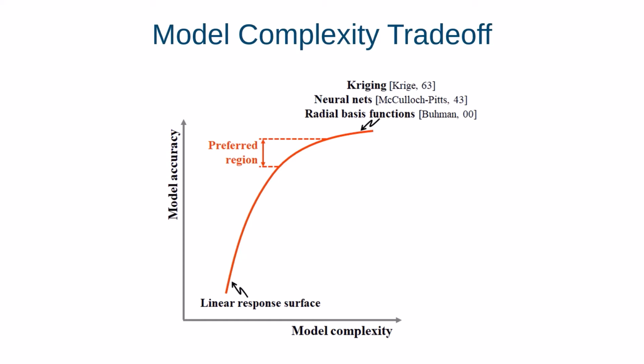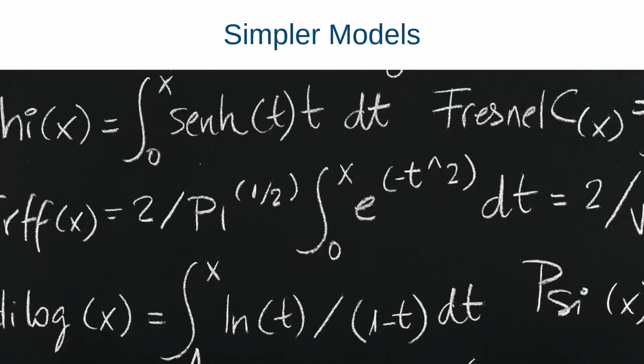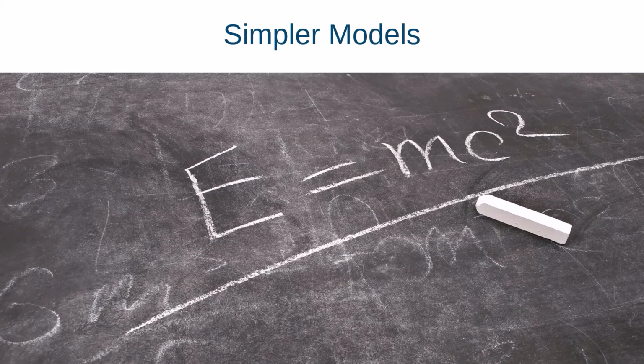At the same time, we do not compromise on accuracy. Our preferred region balances the objectives of the accuracy of the model and its interpretability. Thus, instead of the detailed mathematical maze of a complex model, we are interested in the elegance of a simple model, which is more likely to be closer to a fundamental truth.